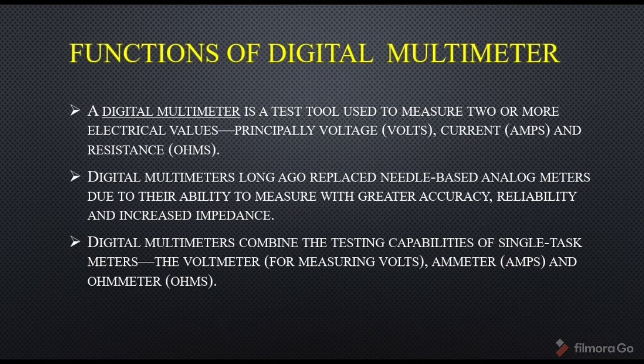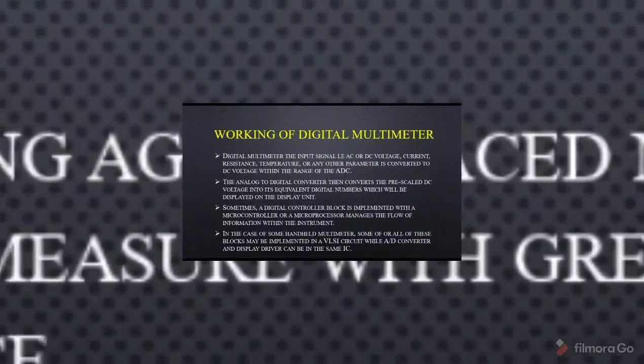Second point, digital multimeters long ago replaced needle-based analog meters due to their ability to measure with greater accuracy, reliability, and increased impedance. Third point, digital multimeters combine the testing capability of single task meters, the voltmeter for measuring volts, ammeter for measuring amperes, and ohmmeter.